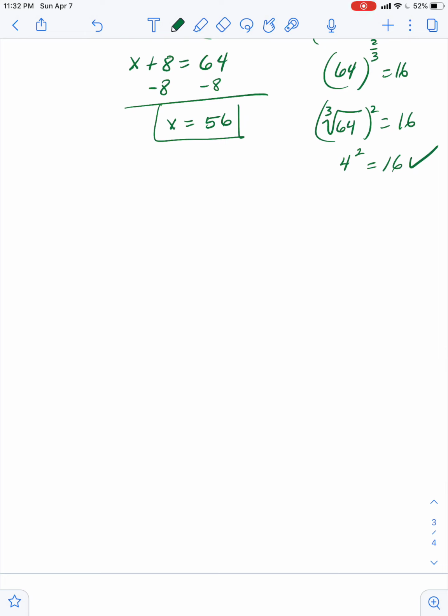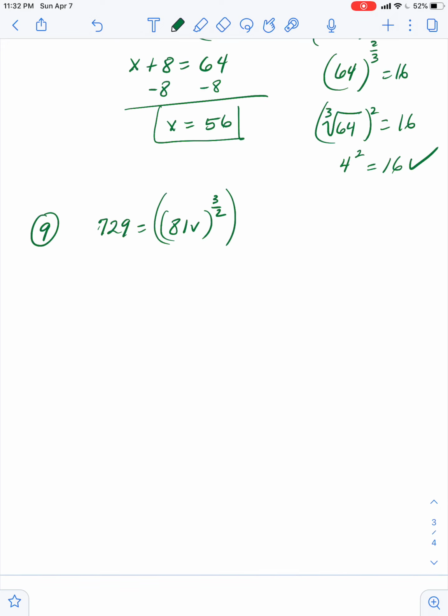Okay, we'll go ahead and do 9. 9's pretty easy. 81v to the 3/2. Again, we're going to take the whole thing to the 2/3. Guys, I'm going to watch for your work. I need these parentheses like that. Cancels. Okay, 81v.